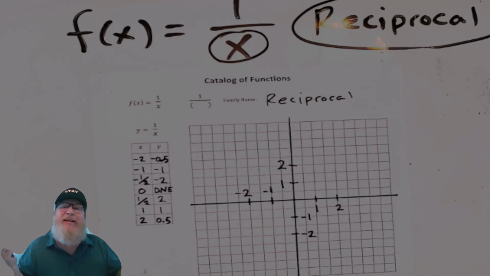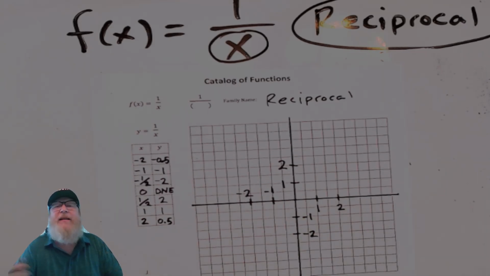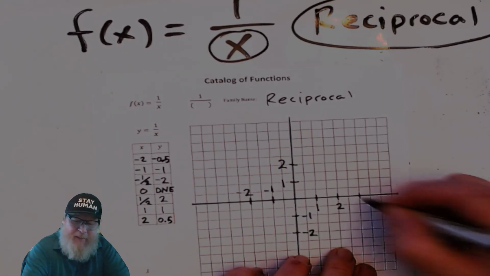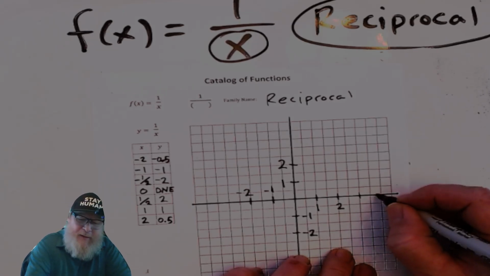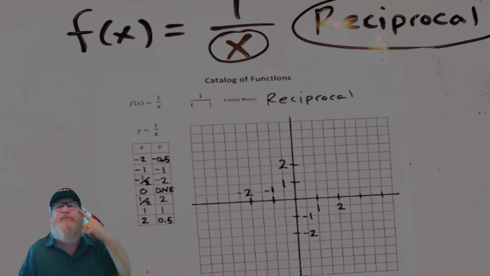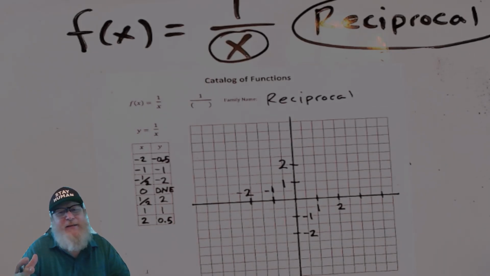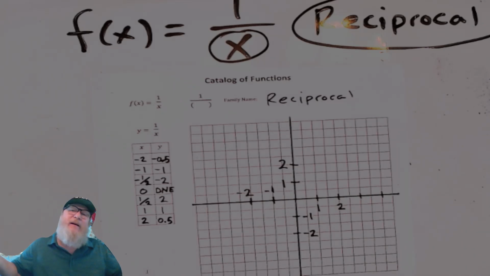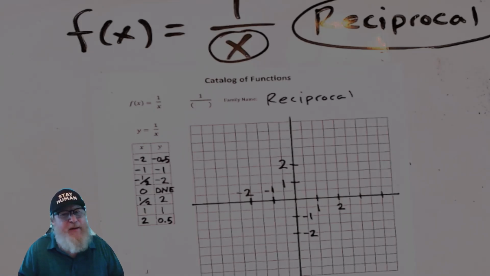The consequence is you're going to run out of space really quickly. Look, that would be 3. That would be 4. I'm not even going to label them because I don't need them in my graph. But you see, everything has a cost. What you gain in space and convenience, you'll lose in representation of values. You won't have as many numbers to work with. But I think this will be enough for this particular graph.